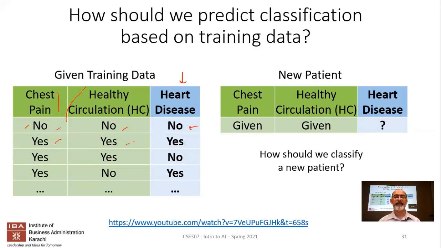In other cases, you may have yes and yes. So you have a whole bunch of data, and these could be hundreds, even thousands of data points of thousands of different patients. And basically what you're trying to do is, based on this training data, for a new patient or a bunch of new patients, if you're given whether this new patient has chest pain, yes or no, healthy circulation, yes or no, you want to be able to predict what is the best classification of this. Okay.